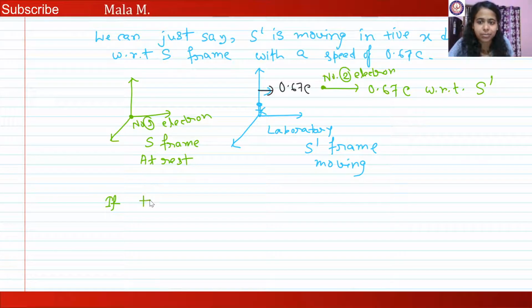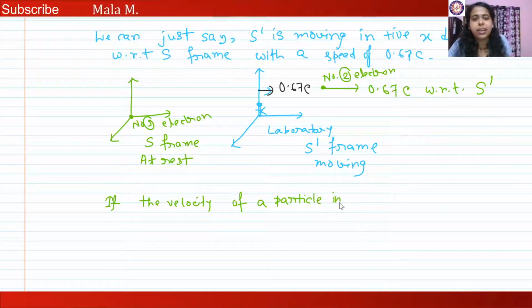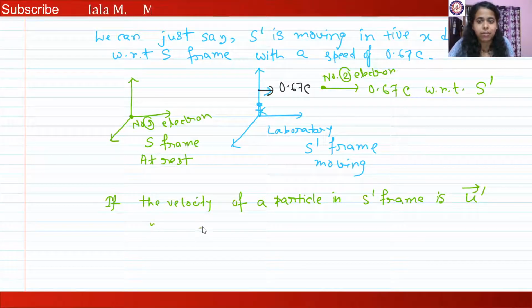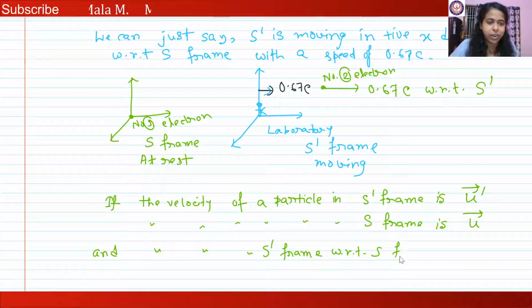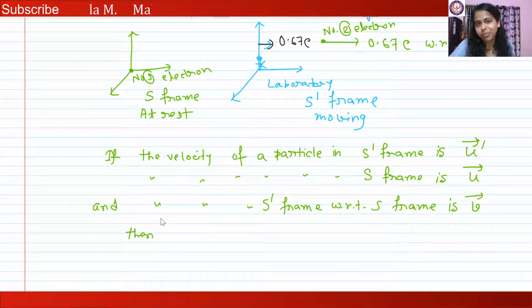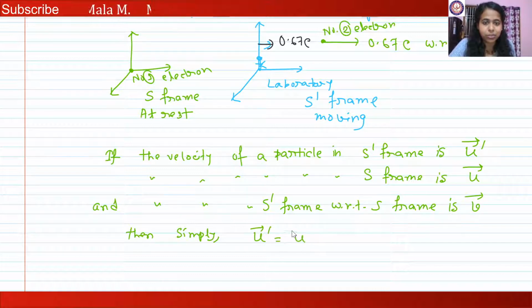If the velocity of a particle in the S prime frame is u prime, the velocity of the particle in the S frame is u, and the velocity of the S prime frame with respect to the S frame is v, then simply we can write that u prime is equal to u minus v.